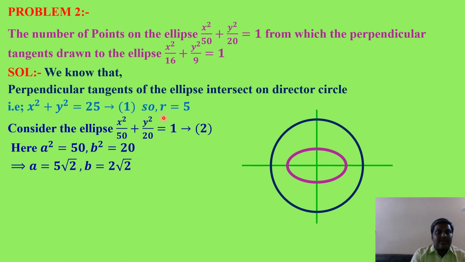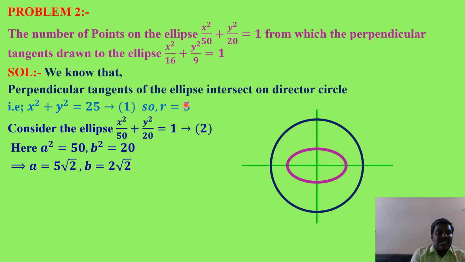What is r? 5. My question is, is r between b and a or not? B is 2 root 2, which is less than 5, which is less than 5 root 2. So our circle x square plus y square equal to 25, having radius 5 units, is more than b and less than a, less than the semi-major axis a and more than the semi-minor axis b.